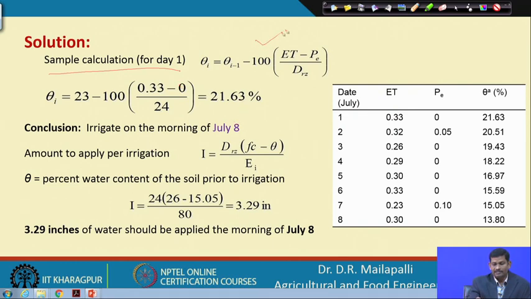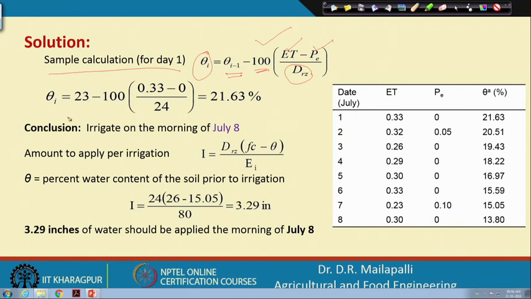You have seen this equation in the previous lecture. For any day, soil moisture theta i is equal to the previous day soil moisture minus ET minus effective precipitation, divided by root zone depth, multiplied by 100. That will give the moisture content on the current day.